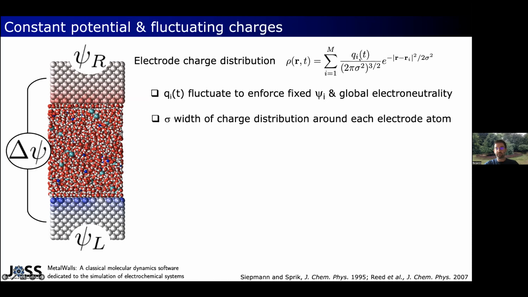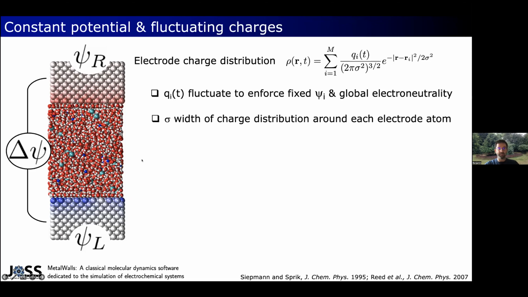But the magnitude of the charge fluctuates, so Qi fluctuates in order to enforce the fixed potential and global electroneutrality conditions. So you have usually a setup like this with two electrodes. You have one value for the potential of all electrode atoms on each electrode, and you apply voltage by considering different values for the two electrodes.